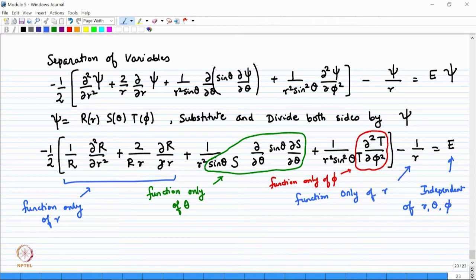Okay. So we have a left hand side that has one term that is a function only of r, a second term that has a function of r multiplied by a function only of theta, a third term that has a function of r, that is r square, a function of theta, that is sin square theta, and a function only of phi, and then you have another term that is also a function only of r. Okay.